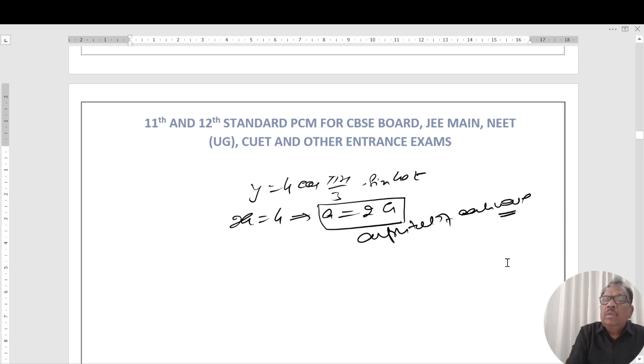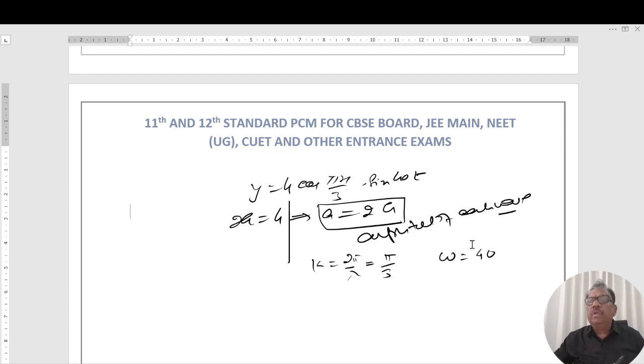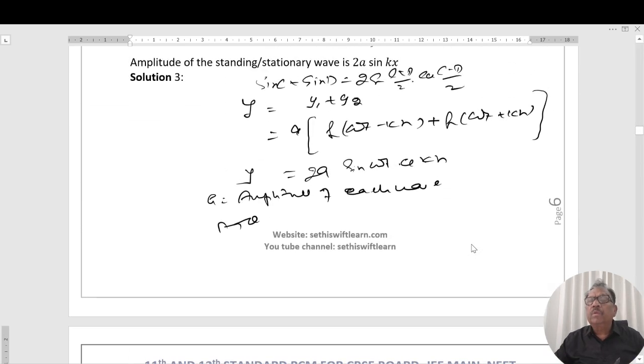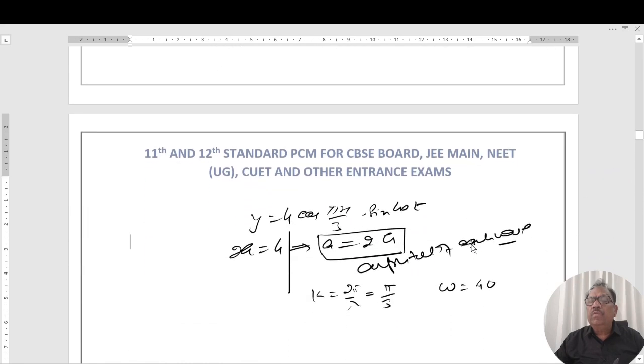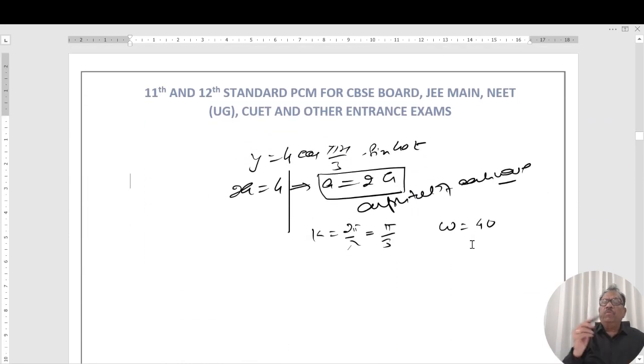Now, k is 2 pi by lambda, and that is given to you as pi by 3. And omega is given as 40, according to comparison. You have to find the wavelength.